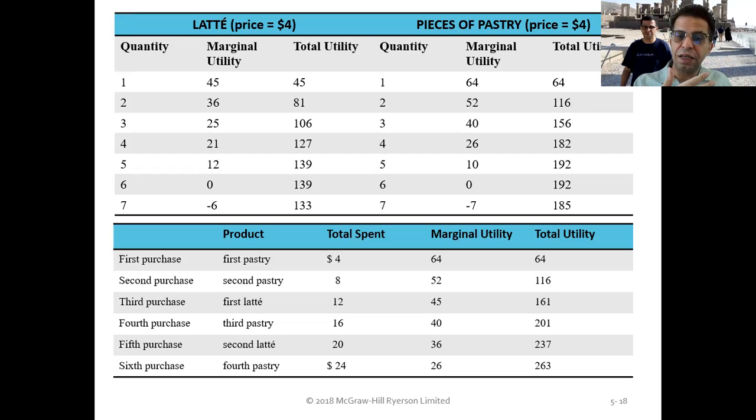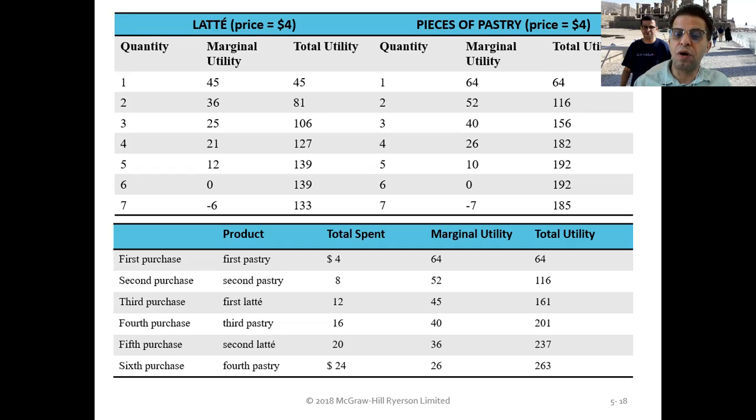Then which one did we want to buy after all these? We still have not bought the third unit of pastry, and we did not buy the second unit of latte.